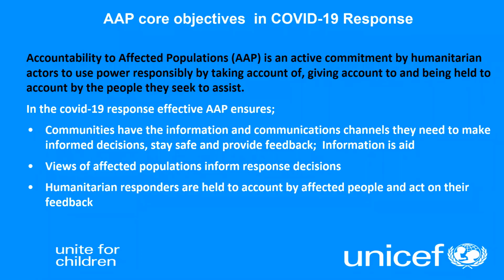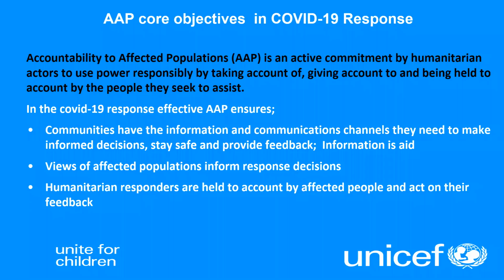What we were then trying to ensure, in collaboration with our Communication for Development team, was looking at how we anchor this within the Accountability to Affected Populations humanitarian framework, which is an active commitment by humanitarian actors to use power responsibly by taking account of, giving account to, and being held to account by the people that we seek to support.